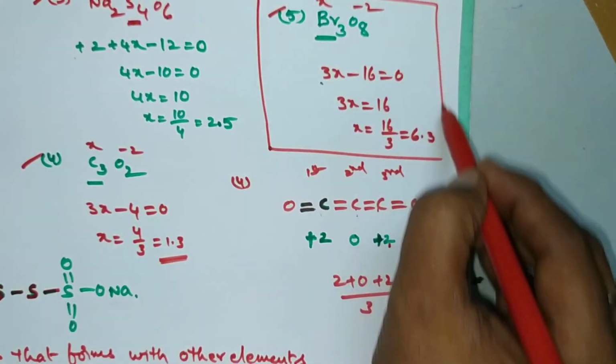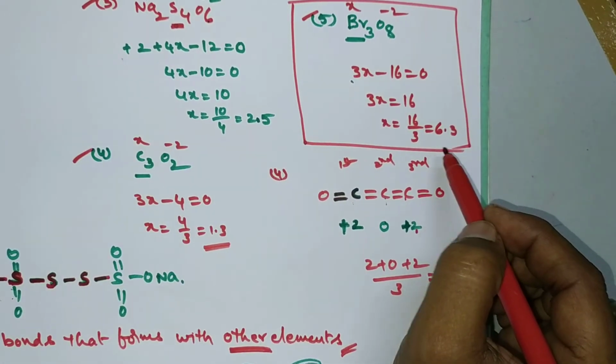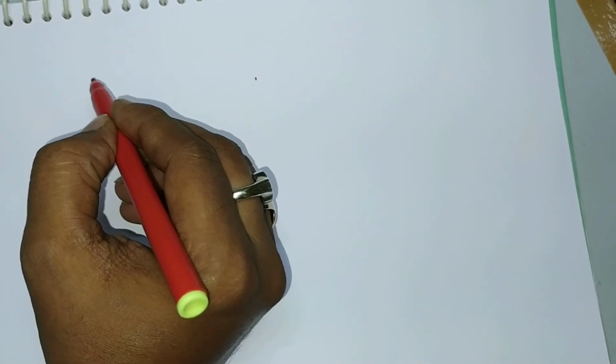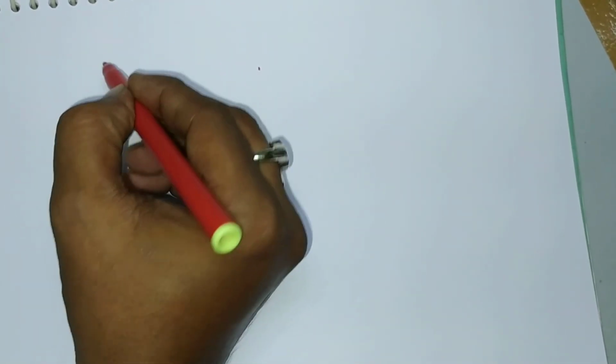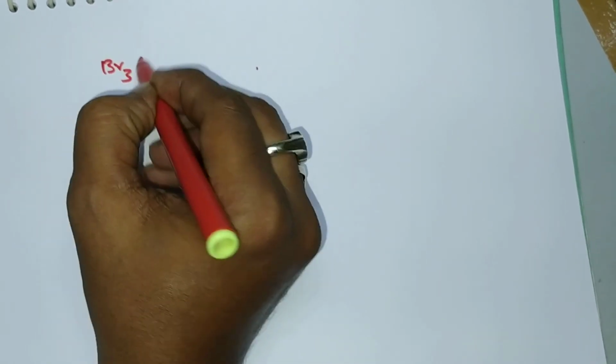Now you have to try this one. I am giving you the structure for this molecule. You can calculate and comment in the comment box. The molecule is Br3O8.